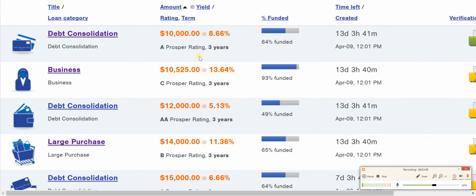Okay, starting off, I also adjust by amount. I don't like investing in people who require more than $20,000. That's just my opinion. If I was thinking about myself paying back a $20,000 plus loan or debt, that's a lot.